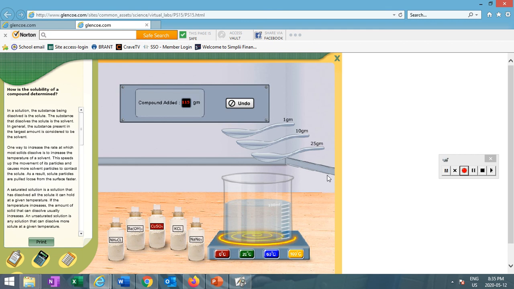So we got to 115 grams per 100 milliliters at 100 degrees Celsius.